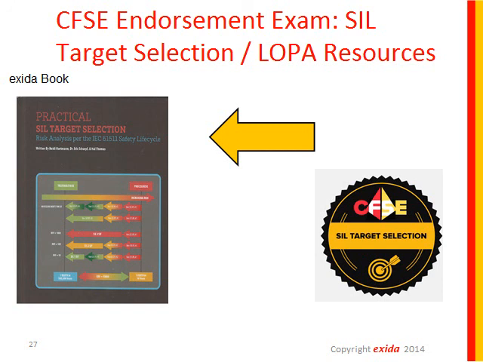So in many ways, it's a way to update your CFSE to show that you haven't become obsolete. And lastly, if you're like me, it's a way to give you more incentive to study. I enjoy studying, but sometimes I just need a little kick in the butt, as we say in America.